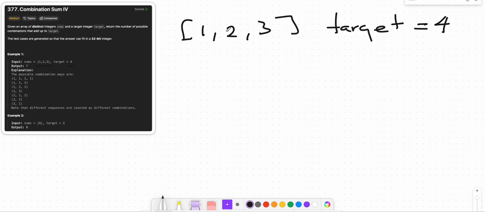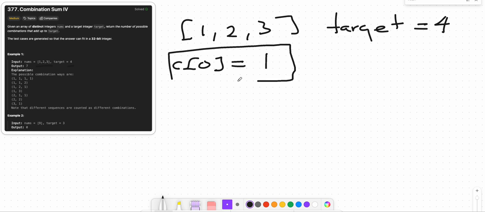There is only one way to combine numbers to make 0, which is to use no numbers at all. So there's only one option. Now we have a base case, and with this information we can solve the question moving forward.